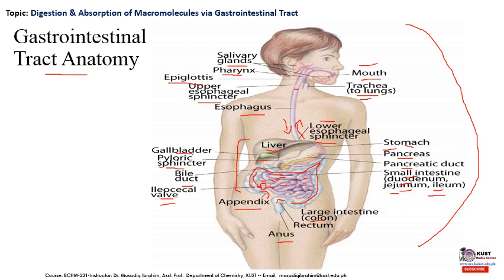And then the large intestine or colon reaches the rectum area and then the anus, from where the defecation or excretion of the waste material takes place.